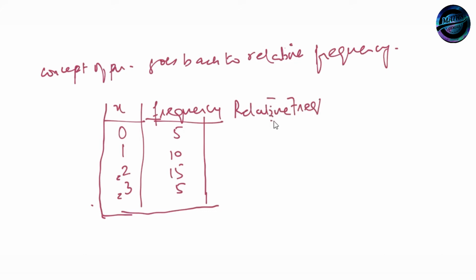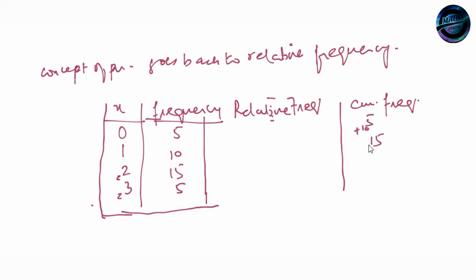Relative frequency states that the frequency is relative to the total. So first of all, I am going to find the total frequency, right? For the total frequency, I am going to draw one more column, and that is cumulative frequency. The cumulative frequency would be 5 for the first, then 5 plus 10, right?